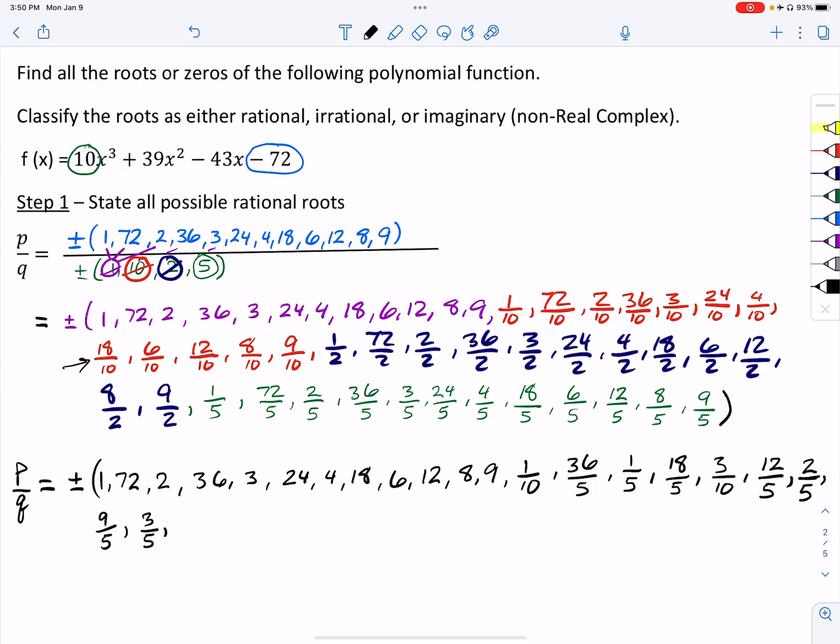That's the first time we've seen that. 12/10 will be 6/5. 8/10 is 4/5. 9/10. All right, we've had just about all the tenths and fifths here. Now we get to 1/2, and I believe this is the first time we see a half.